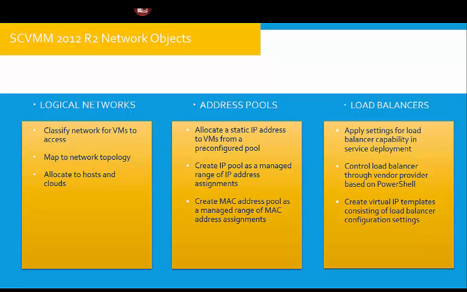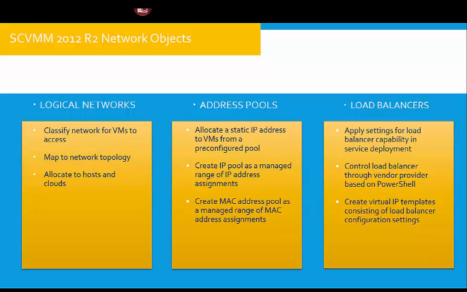Let's have a look at the SCVMM 2012 R2 network objects. So we have logical networks, address pools, and load balancers. With the logical networks, we can classify networks for VMs to access, map to network topology, and allocate to hosts and to clouds.